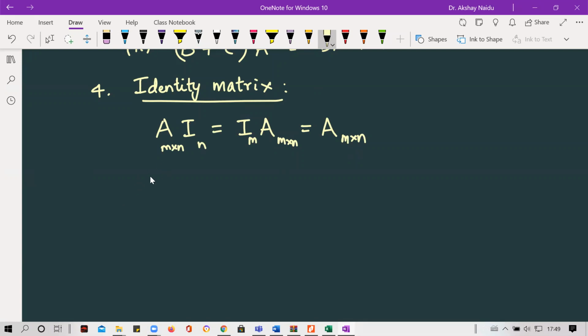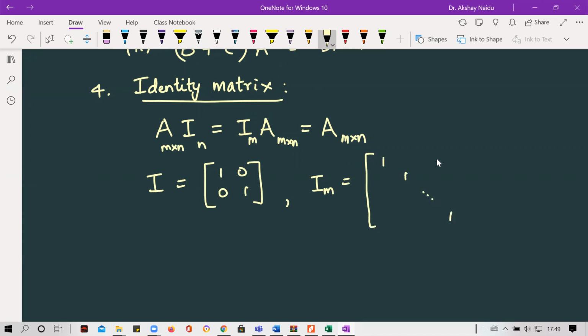So identity matrix I is 1 0 0 1, or 1 1 1, m times, and the rest all zeros.